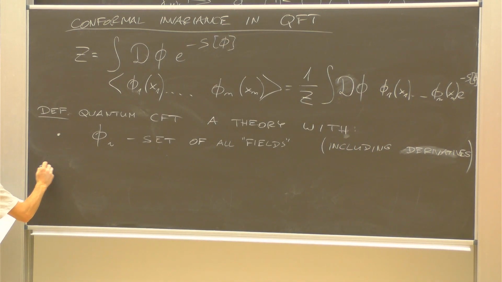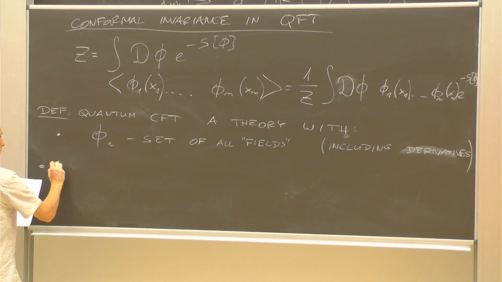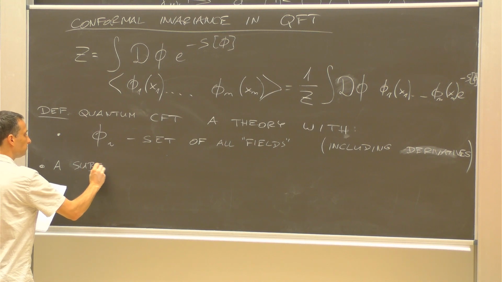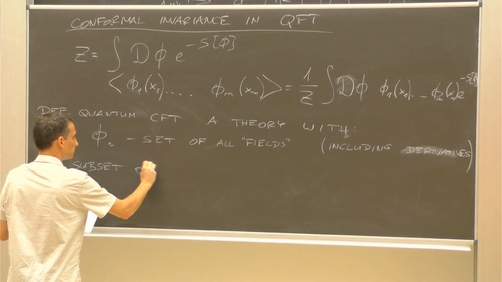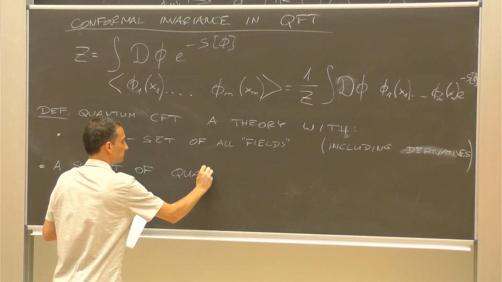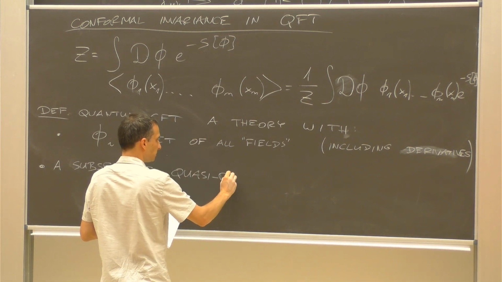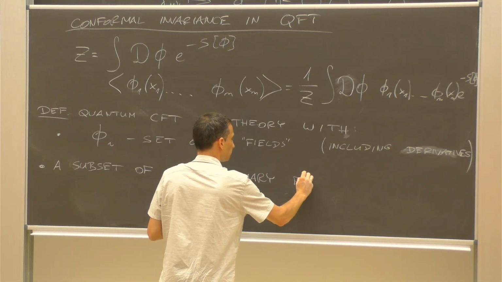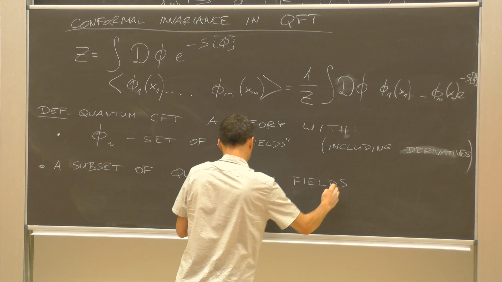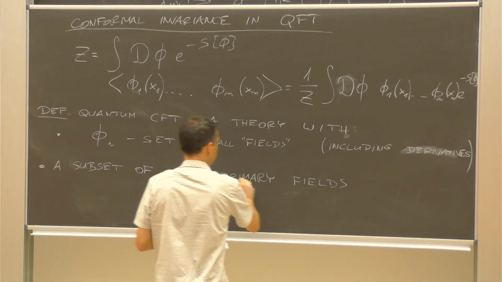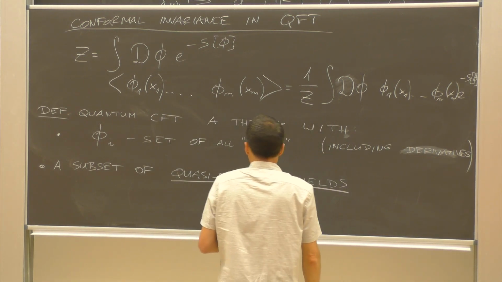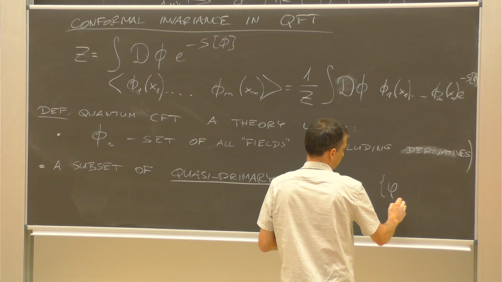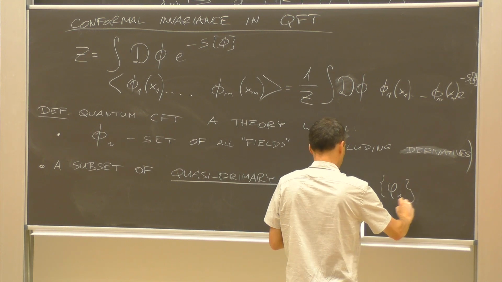And then there should be a subset of these fields, which are called quasi-primary. So that's an important name. Let me write these fields by curly phi.